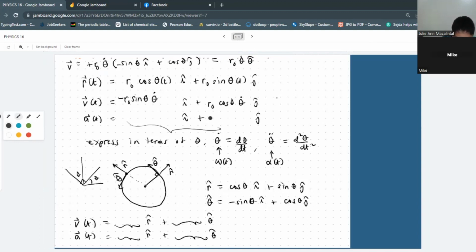Ay, black pala, yes. Okay. So kailangan mong product rule. So, ano naman to? Yes.